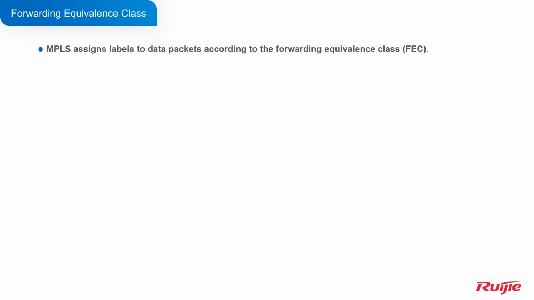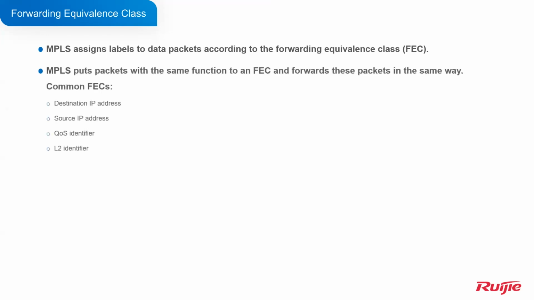Why do we assign 30, and which one should use 30 or 20? We can assign labels to data packets according to the forwarding equivalence class, FEC. MPLS puts packets with the same function into an FEC and forwards these packets in the same way. The same way means we will use the same label.